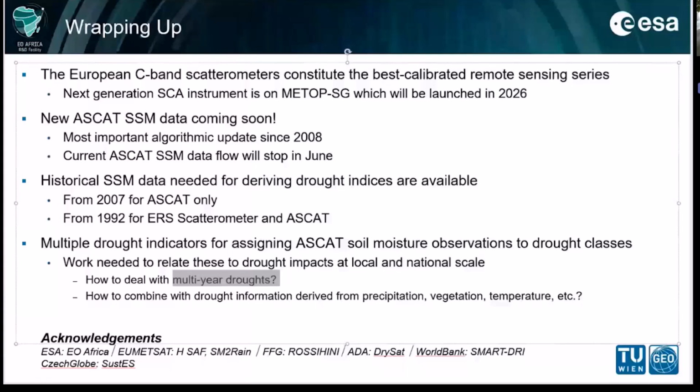This is information that you can integrate with local knowledge, and you use the information about the temporal dynamics from the satellite data.